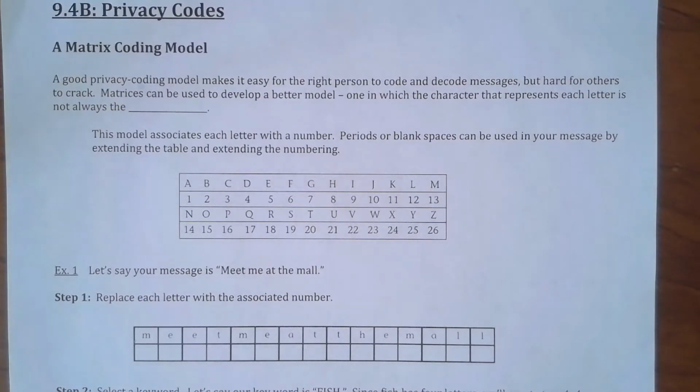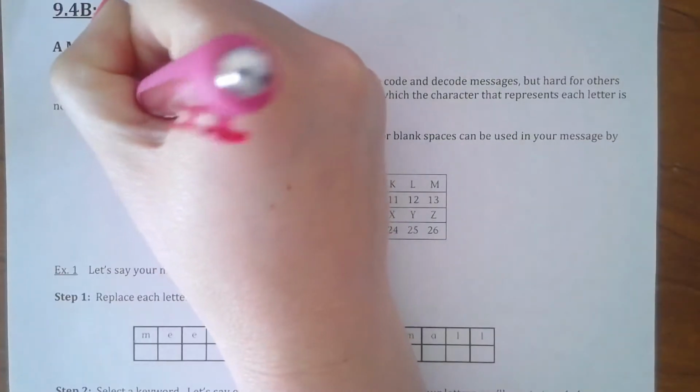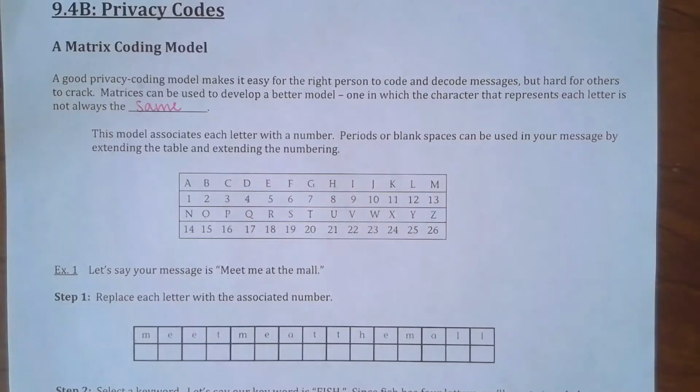So easier ones or harder ones that are used and harder to crack are a type of substitution cipher, at least kind of. But what it does is it doesn't actually replace every letter with the same one. So in this case, they're not always the same from the actual message to the encoded message.